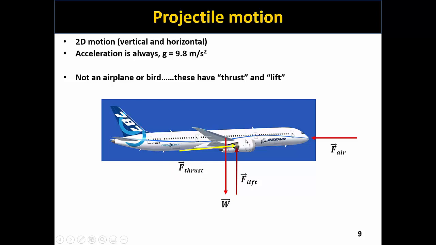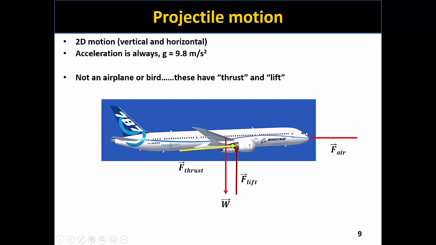And the airplane has these very large engines which consume airplane fuel, and that drives turbines which pull air in the front, forcing that air at a very high velocity out the back, and the air molecules will then push back against the plane, giving it that thrust, pushing it forward, which will be opposed by the air molecules.